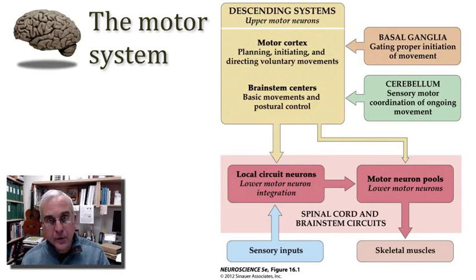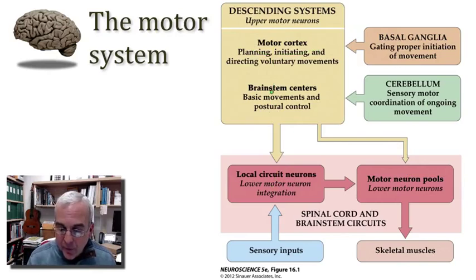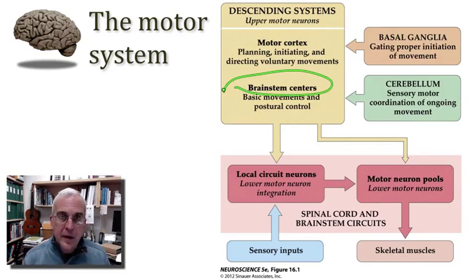Now, in addition to the motor cortex, there are also upper motor neurons in the brainstem. And these motor neurons are involved in setting the stage for the execution of voluntary movement. Now, much of the voluntary movement that we make, we can think of as the expression of skill. Consider, for example, typing on a keyboard or using a pen or a pencil or some other writing implement, perhaps performing dance or music with a musical instrument.